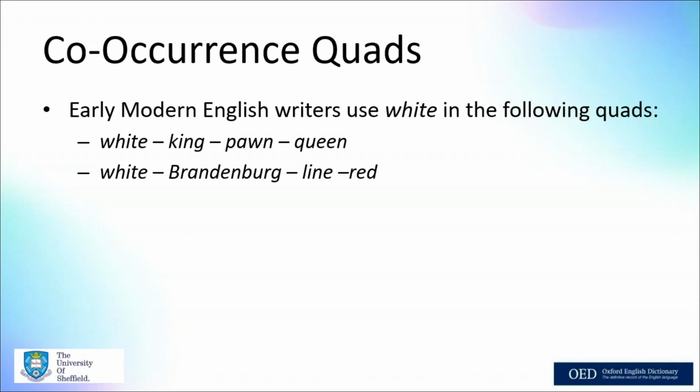And I've only given 2 examples here because this shows us actually, and the rest of the data starts to show us this as well, that the word white is used a great deal in conversations about chess and a great deal in conversations about armies and battles and military history.